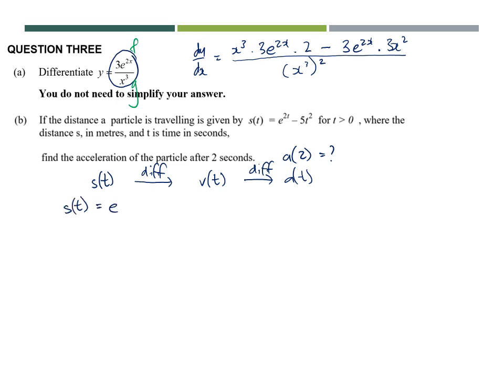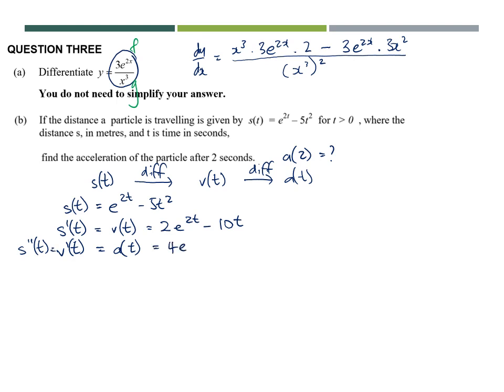s(t) equals e to 2t minus 5t squared, so s dash t, the derivative of that, which is actually the velocity, is 2e to the 2t minus 10t. And so again, differentiate the velocity, which is actually the second derivative of the distance, which is my acceleration function, is 4e to the 2t minus 10.